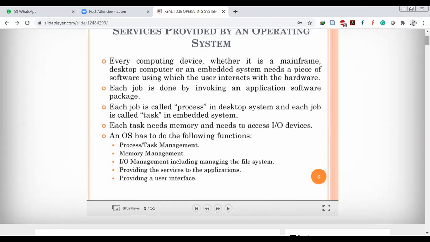That is the minute difference and keen observation between embedded and non-embedded systems. What is the observation here? Each job is called a process in desktop systems, that is, non-embedded systems, and each job is called a task in embedded systems.